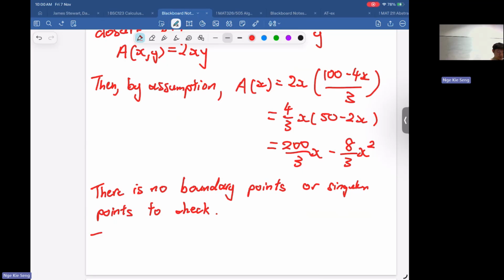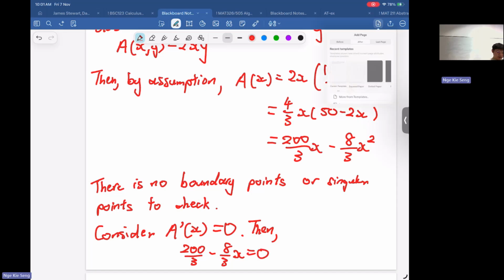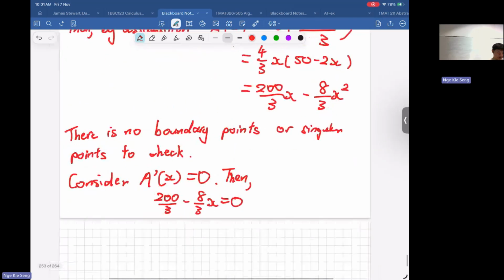Let's consider A prime x equals 0. This means that if you differentiate, you get 200 over 3 minus 8 over 3 x equals 0. Then what's this point here?